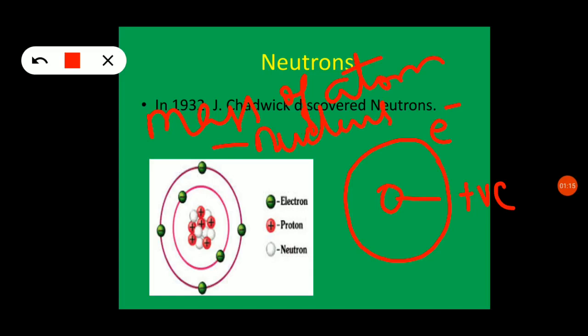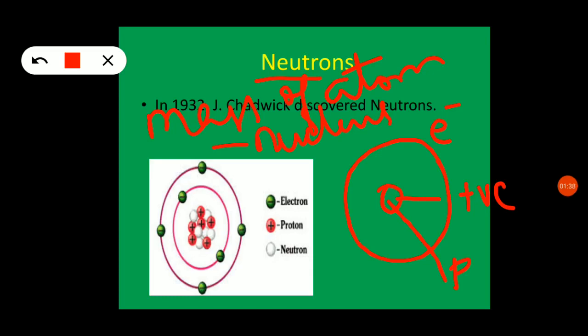That means the protons are present in the nucleus. Other than the protons, there are some other particles which will contribute to the mass of the atom. These particles are the neutrons.